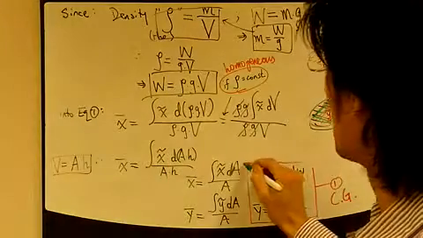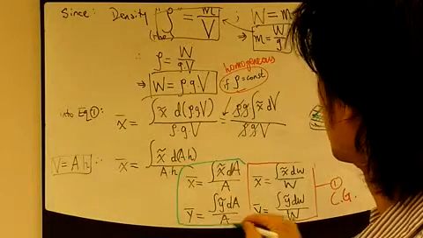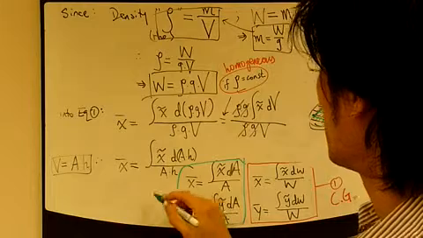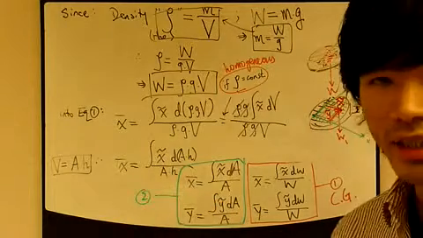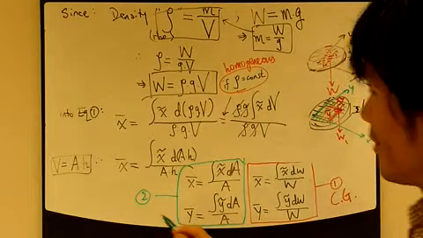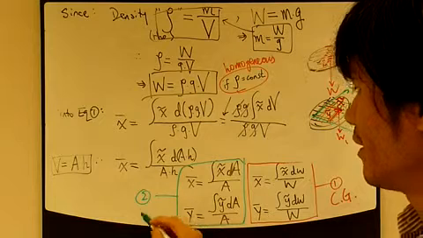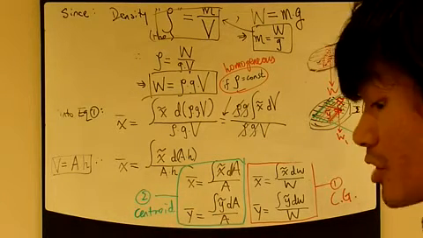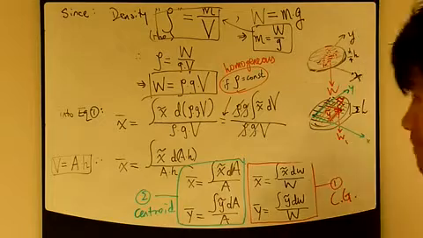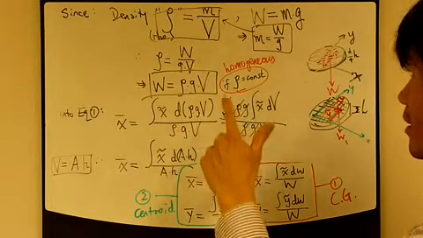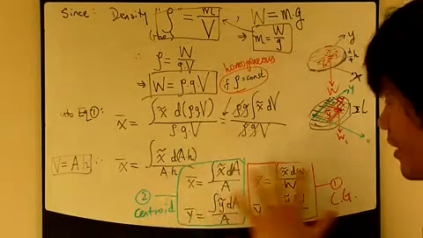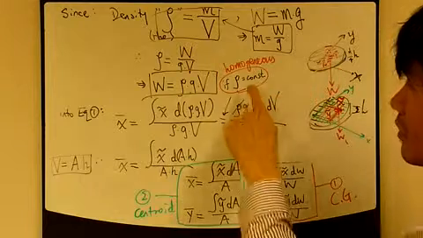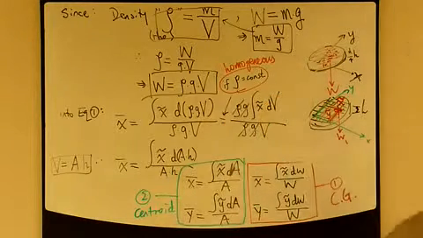Now, these two equations, which we call equation 2, are the equations to determine the coordinates of the centroid. And they are equivalent only if the material is homogeneous.